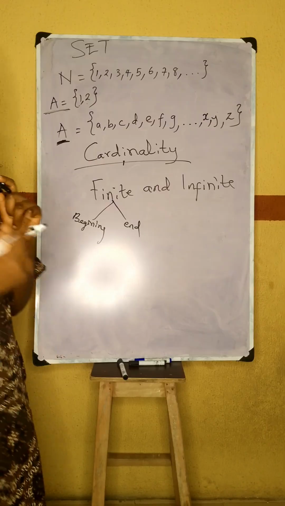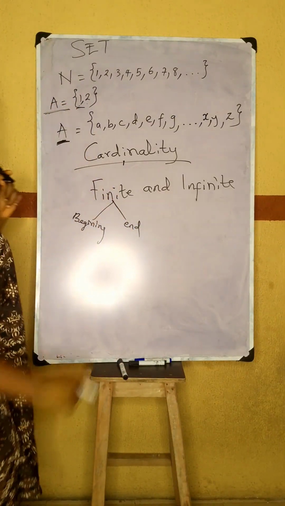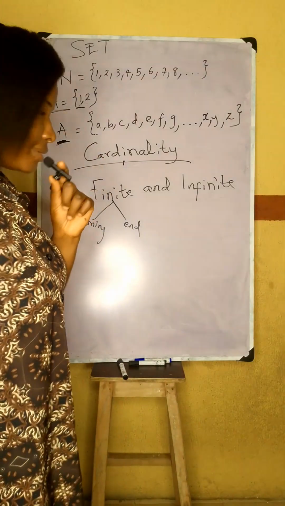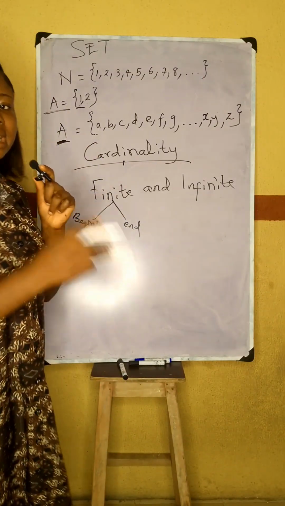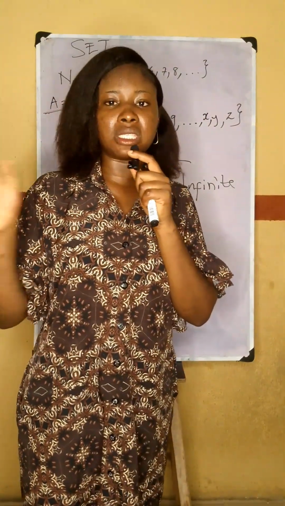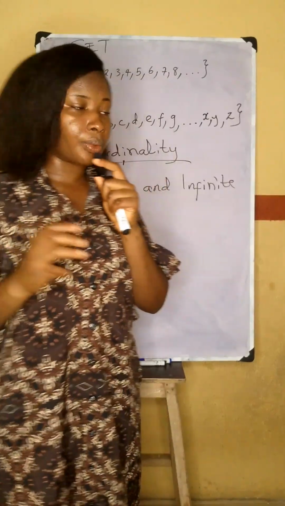If I can tell the beginning and the end, that set is finite. Like this one, the beginning is 1, the end is 2. This one, the beginning is A and the end is Z. So if I can tell the beginning and the end of a set, the set is said to be finite. And the beautiful thing about it is that finite sets are always countable.